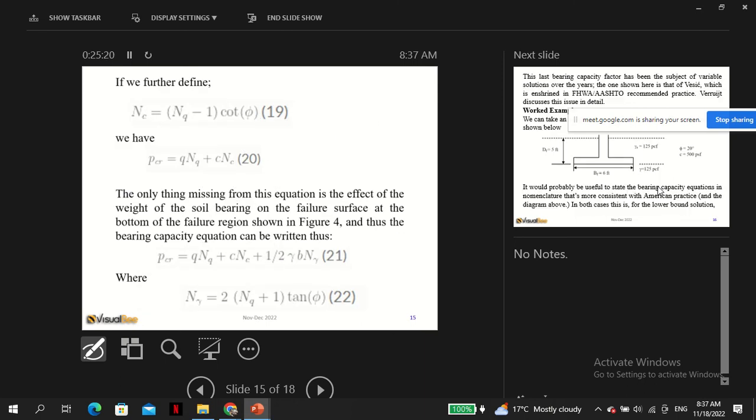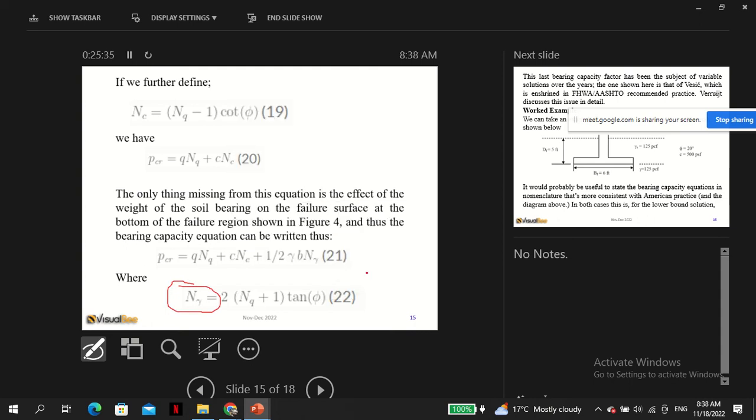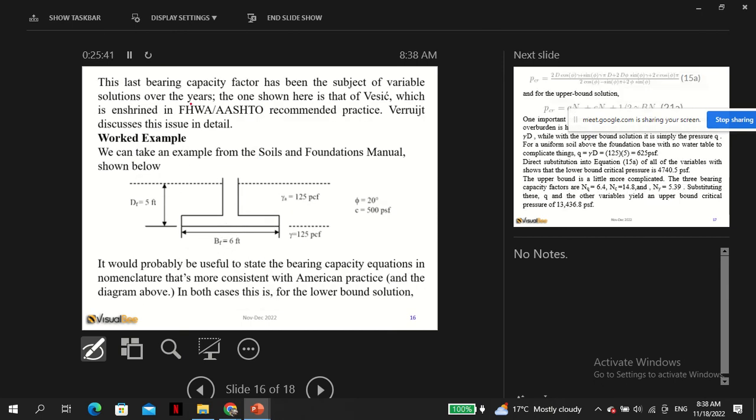These are formulas proposed and defined by Terzaghi, from the work of Prandtl, but how to determine N gamma is a subject of debate, because various researchers find different values of N gamma.